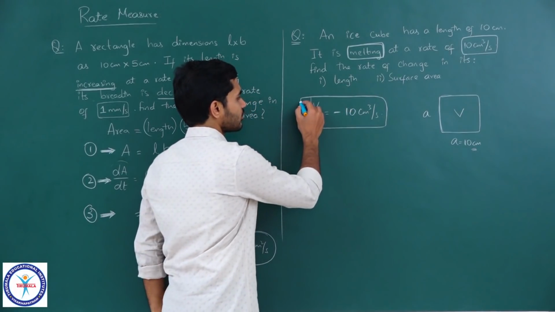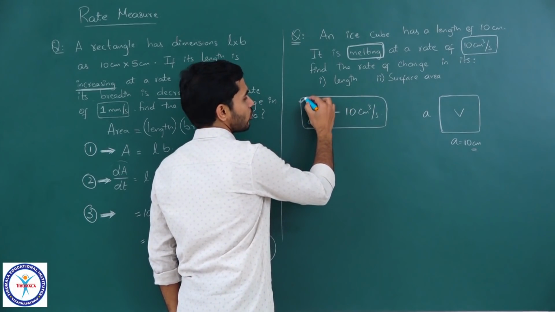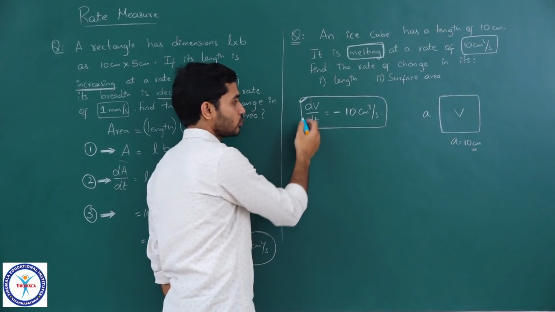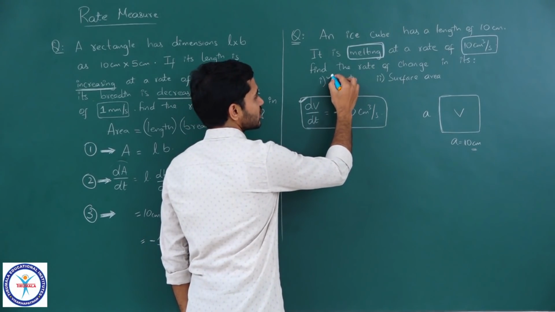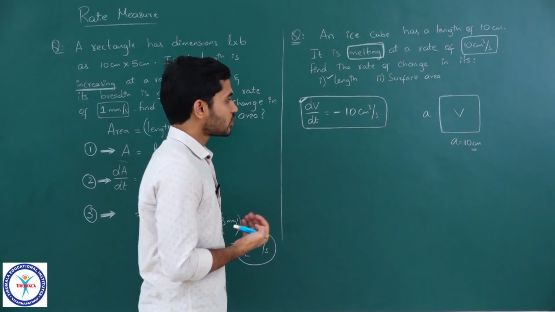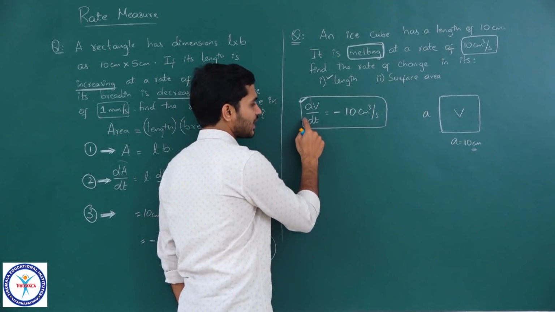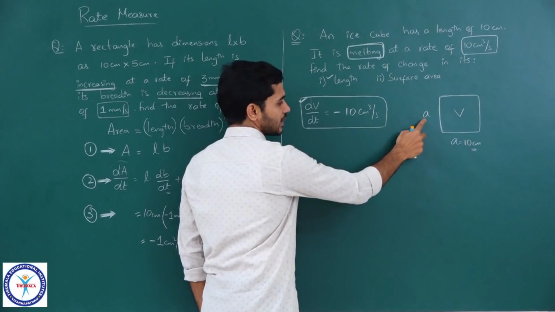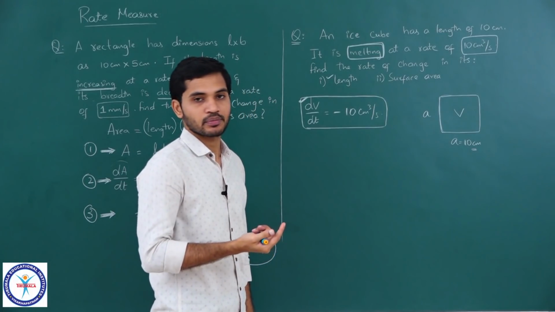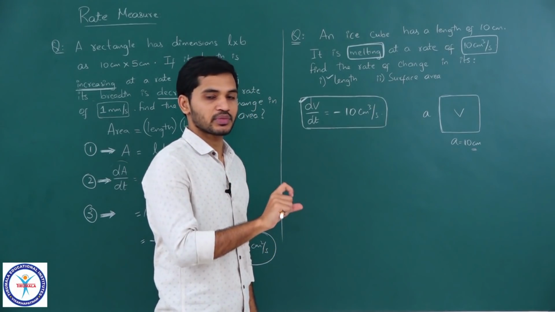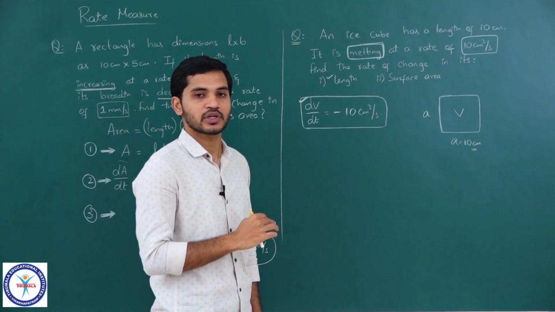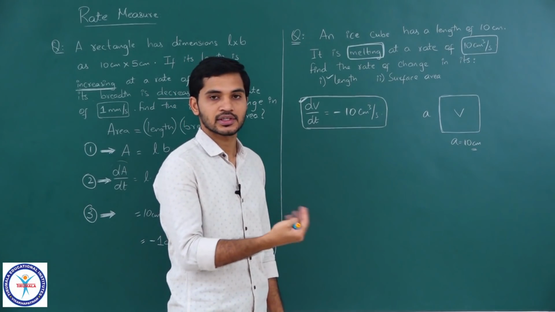So I have a relation, I know the volume rate, I need to find the rate at which length changes, right. So if I have to find the relation between dV by dt and dA by dt, what is the first step? I need to first know the relation between them, then I can find the relation between their rate of changes, correct.